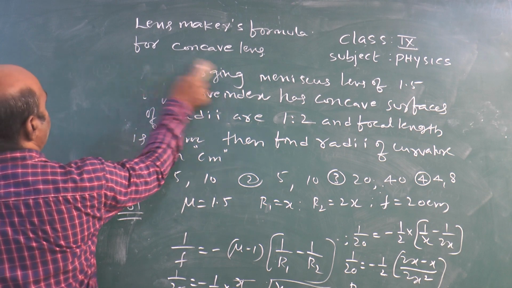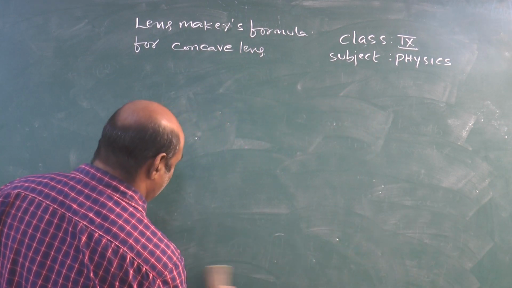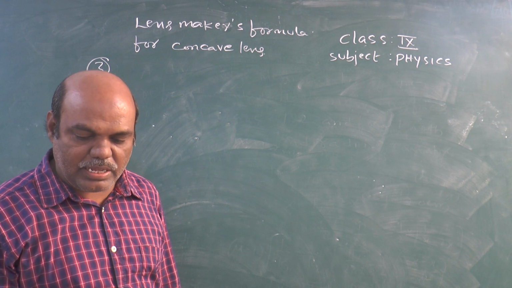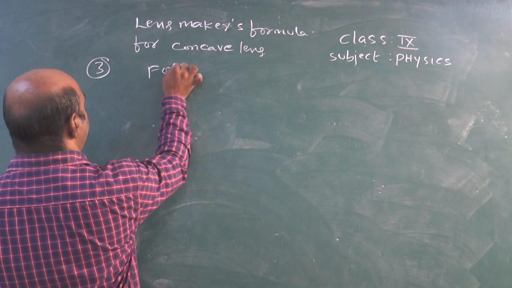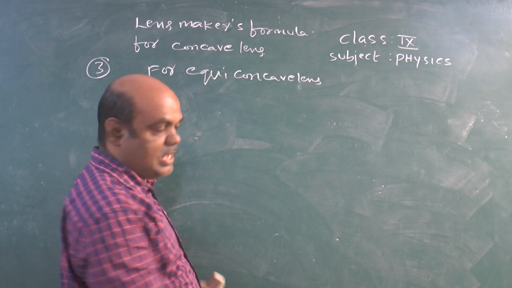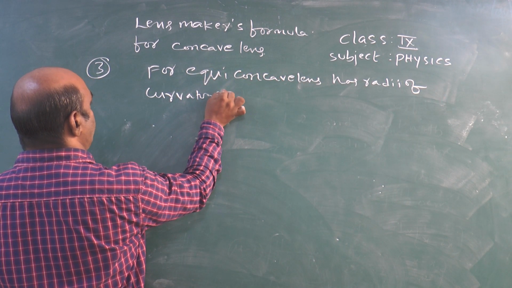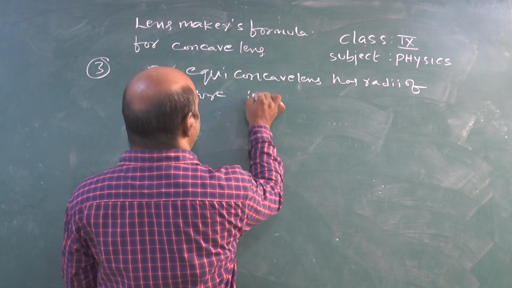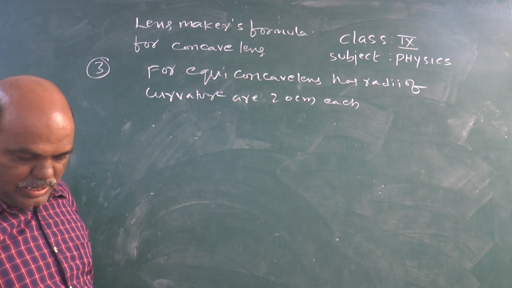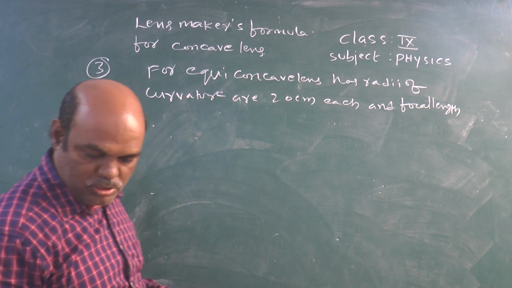Next, third problem. An equiconcave lens has radii of curvature 20 centimeter each and focal length 30 centimeter.